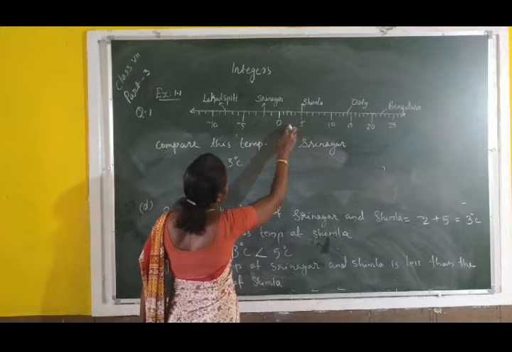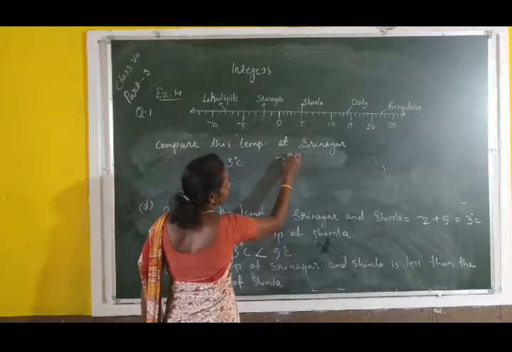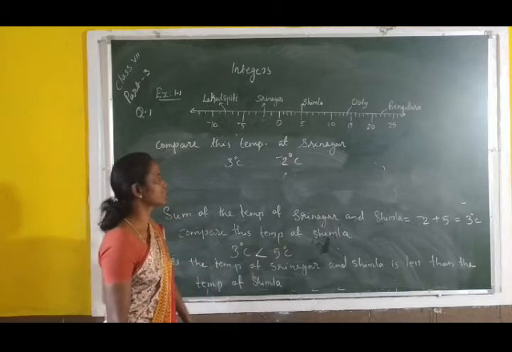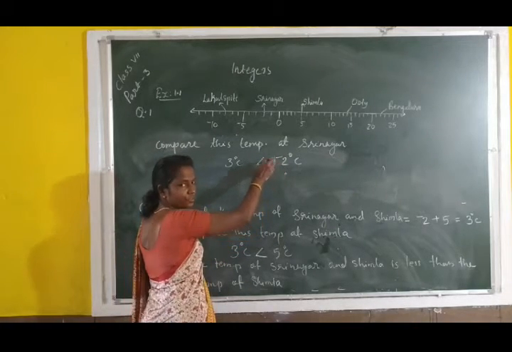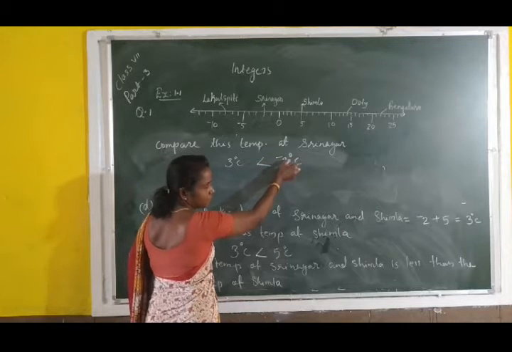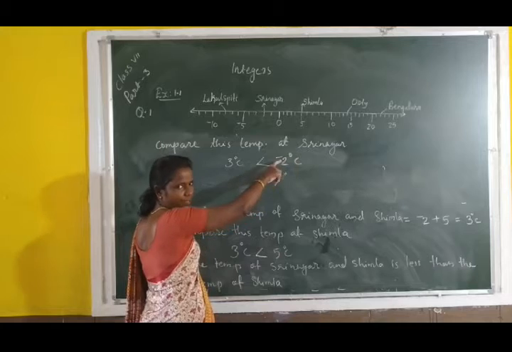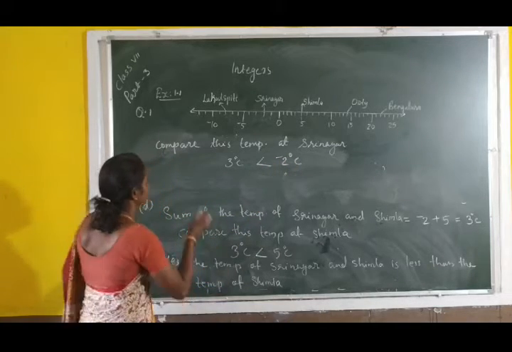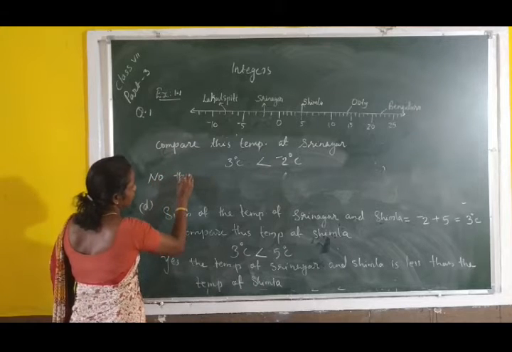Then Srinagar how many degrees Celsius? Negative 2 degrees Celsius, which is less than negative 2 degrees is less than. Means the temperature at Srinagar is less than. So what is the answer?